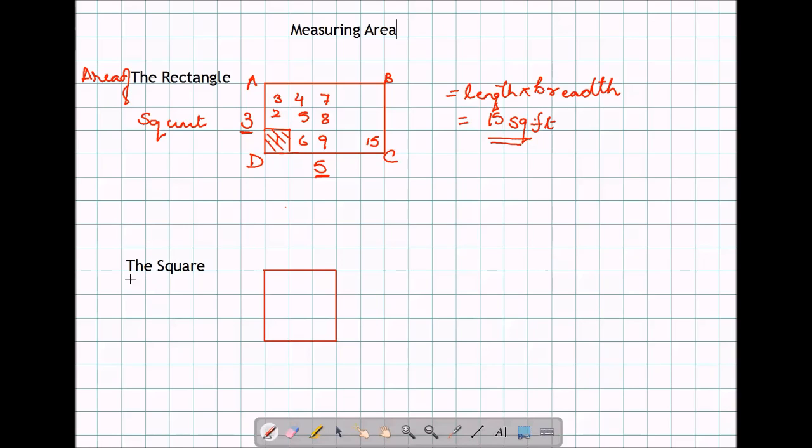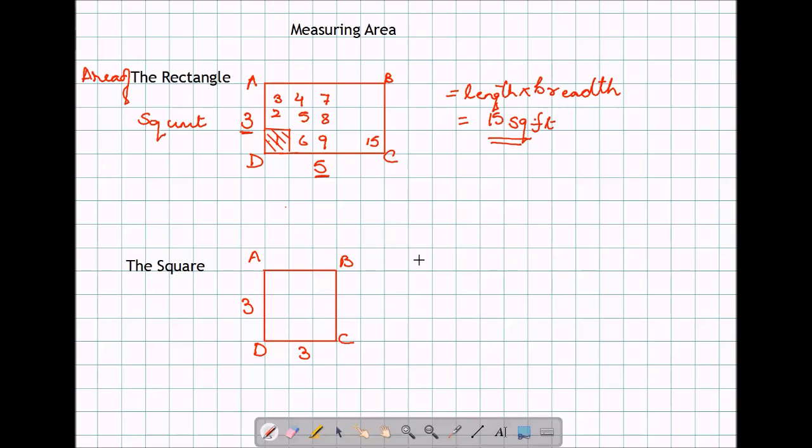Now let's go to the area of the square. What is a square? A square, or a perfect square, is a rectangle in which your length as well as your breadth, or your height as well as your base, both have the same dimension.